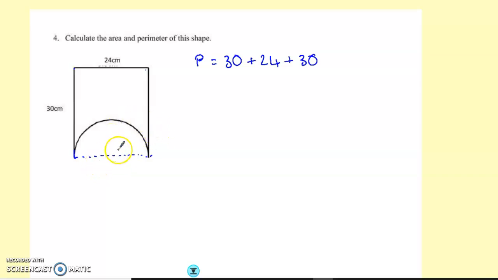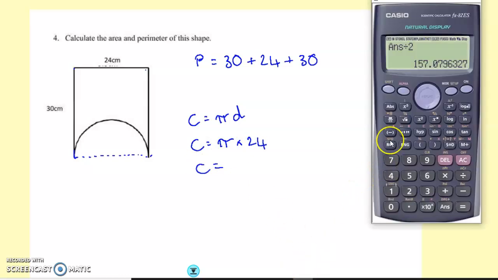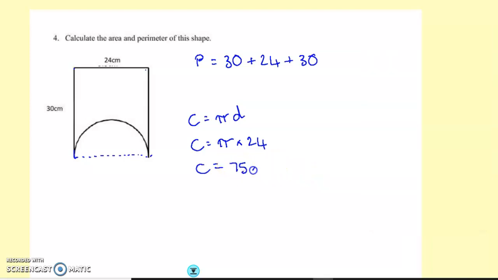That is a semicircle again. So I'm going to start with finding the circumference of a full circle. Same formula as ever, C equals pi d. The diameter of the circle is 24. It's going to be pi times 24, which is 75.4. That was a full circle.